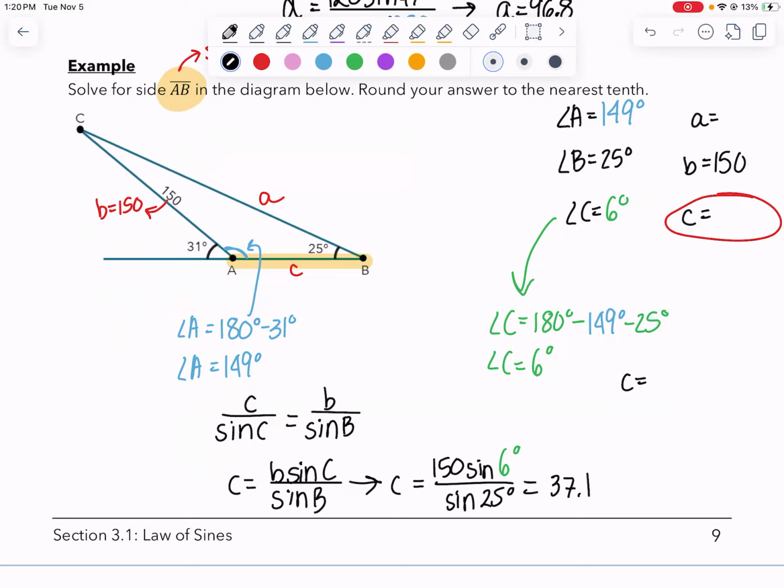So C is equal to 37.1, which is the same thing as side AB. Side AB is equal to 37.1.